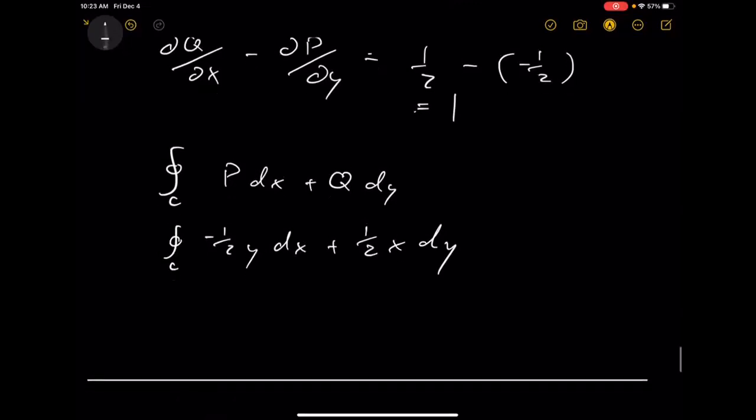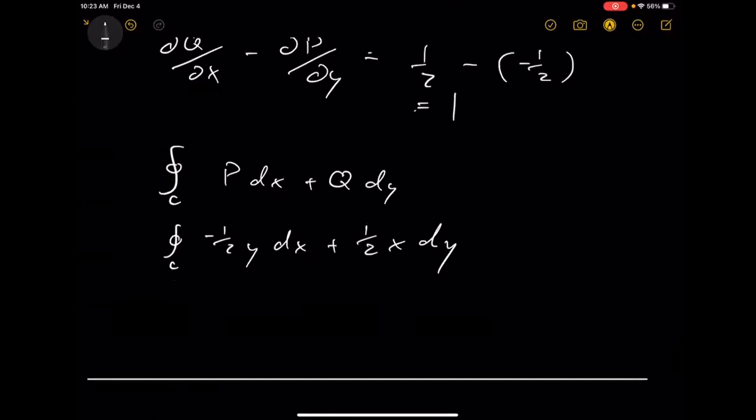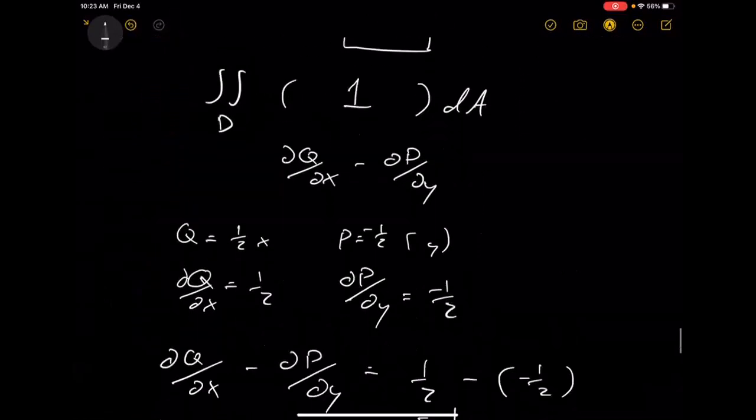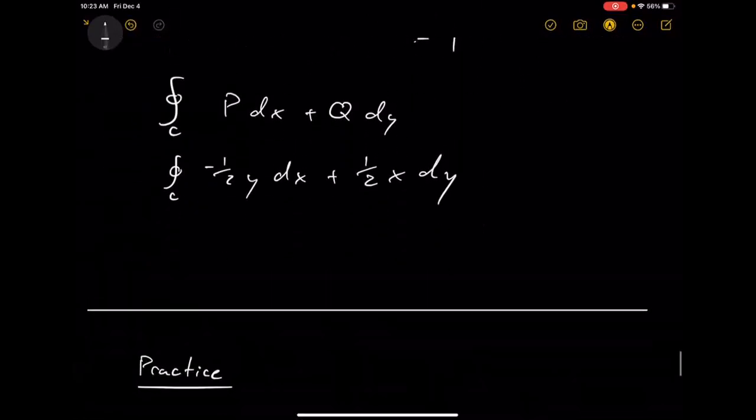So first thing we need to do is figure out what our C is. Our C is that ellipse, x squared over a squared plus y squared over b squared. We need a parameterization for that ellipse, an r(t).